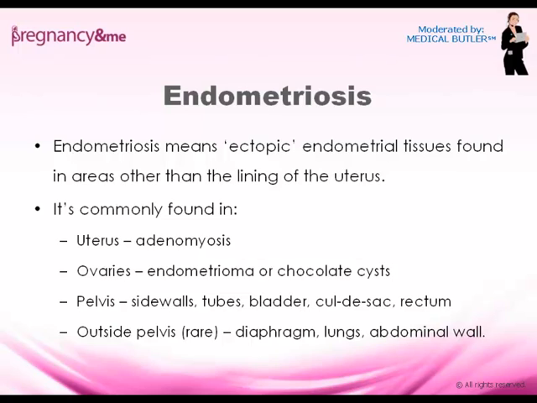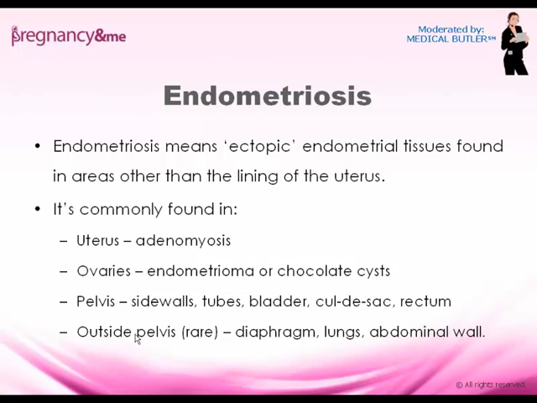I will show you some pictures in a minute. It can be found in the pelvic side walls. Sometimes it can be found on or within the tubes, on the bladder, in the area called the cul-de-sac, which I pointed out earlier, and definitely on the rectum, sometimes invading the rectum and or the bladder.